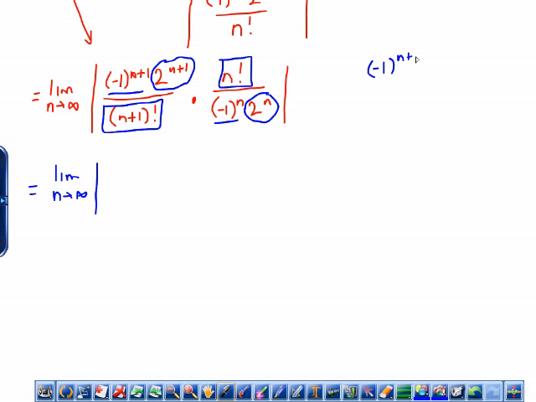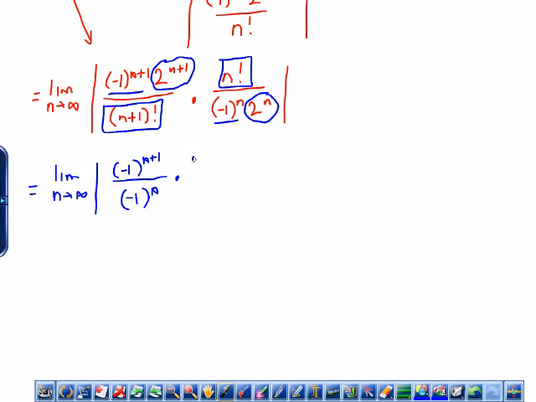You know what, I'm going to go ahead and do this in my problem, sorry. I'm going to write it as negative 1 to the n plus 1 over negative 1 to the n. What will this become? That's off by a factor of negative 1. So this will simplify to negative 1. So it looked complicated, but it simplifies quite nicely. Okay, and we'll write that in a minute.